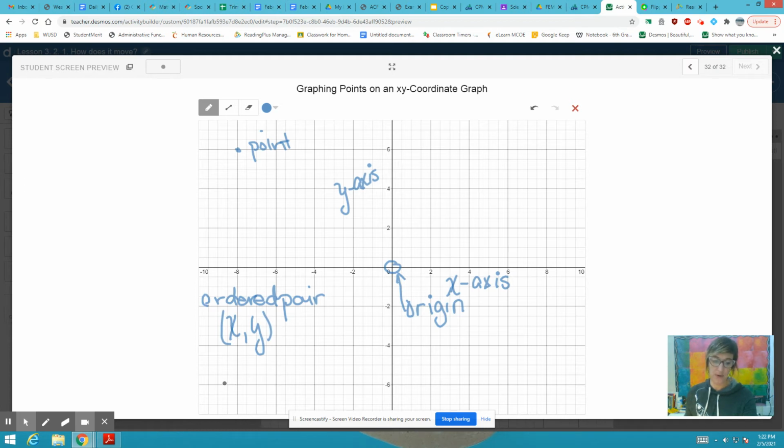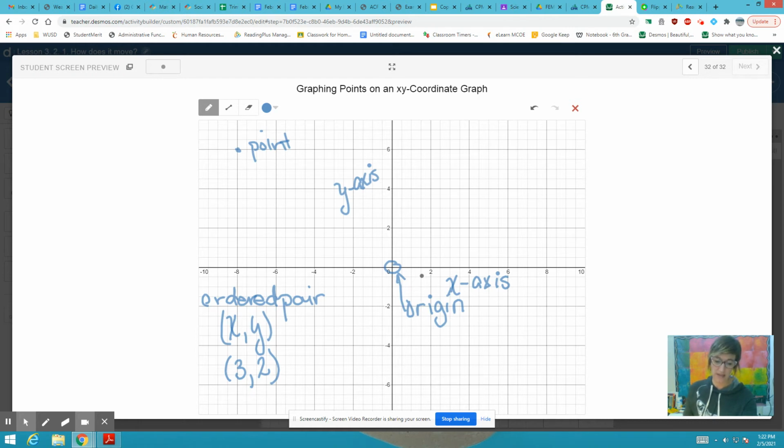So for example, to find (3, 2), in this order, we know that the 3 is going to be found on the x-axis, and the 2 will be found on the y-axis. And once we get to that point, once they meet, that is where we put the point.